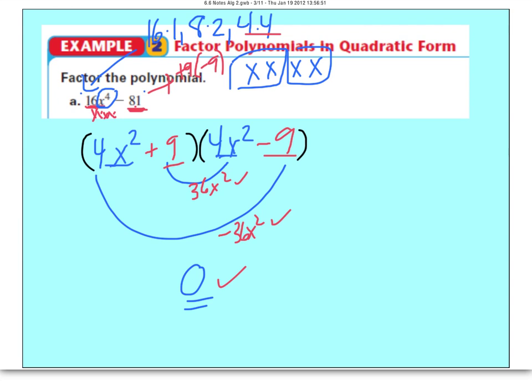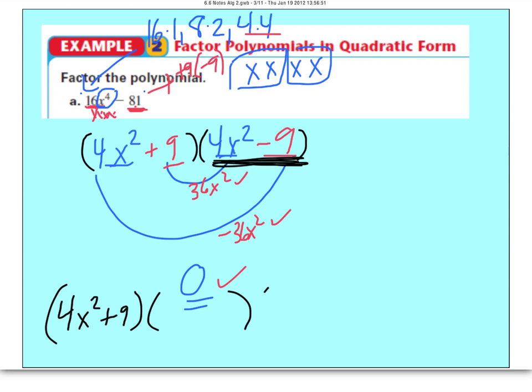Now before you circle this as your final answer, you need to check and see if you can factor it further. I will tell you, one of these two groups can be factored into two smaller groups. It's this one right here. So this first part, 4x squared plus 9, is not factorable any further. But this guy is.